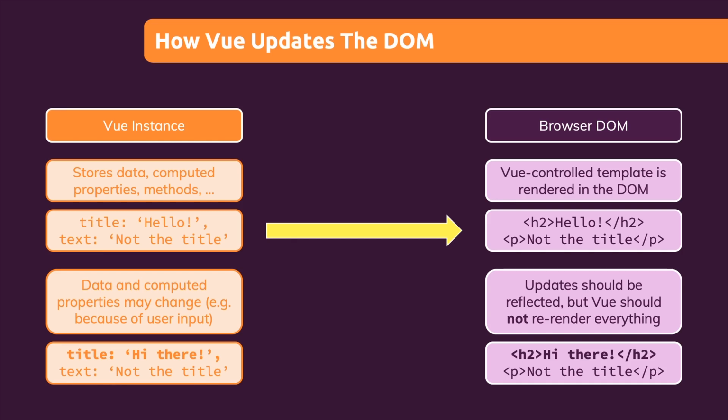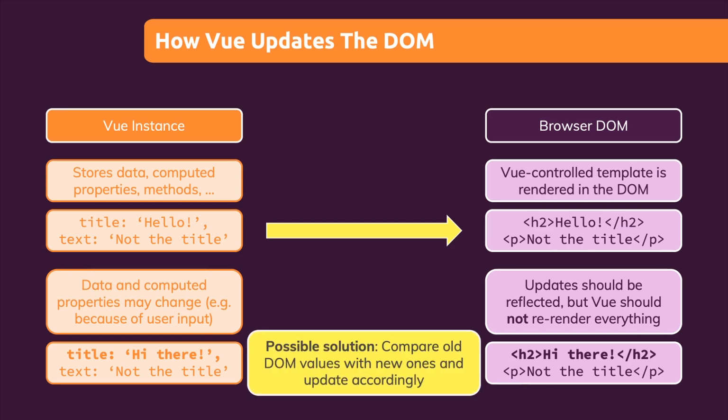Now, how could Vue ensure that this is the case, that it does not re-render the entire screen? Well, one possible solution would be that it basically compares the old DOM values with the new ones. So it basically goes through the entire rendered DOM, sees which content is in there, and compares that to the content it has stored in the data properties of the Vue app. And if there's a difference, it updates it.